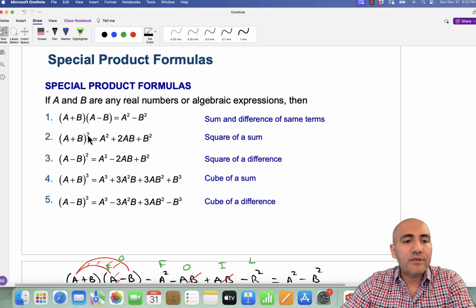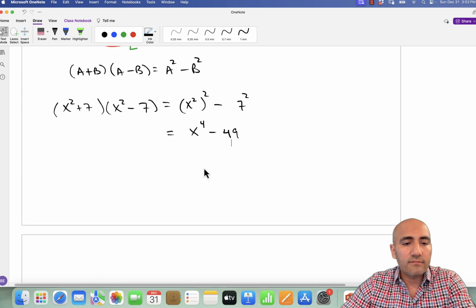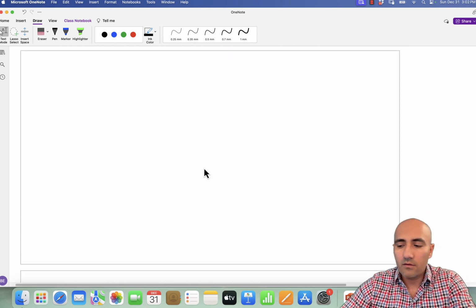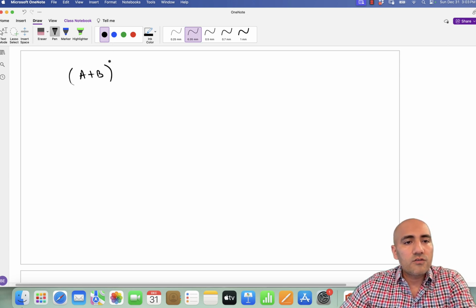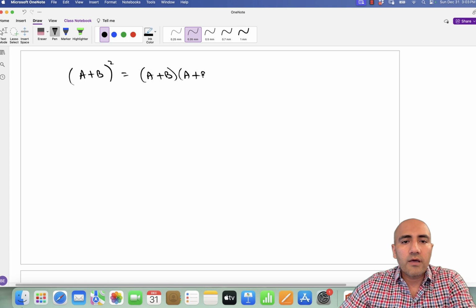The second one is a plus b squared equals this little formula. Let's look at that. So now if we have a plus b squared, then this is the same thing as a plus b times a plus b.